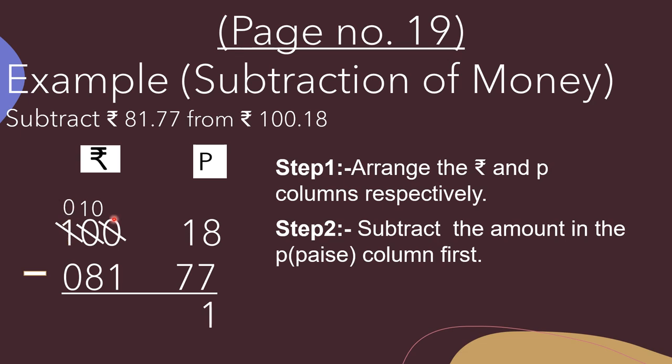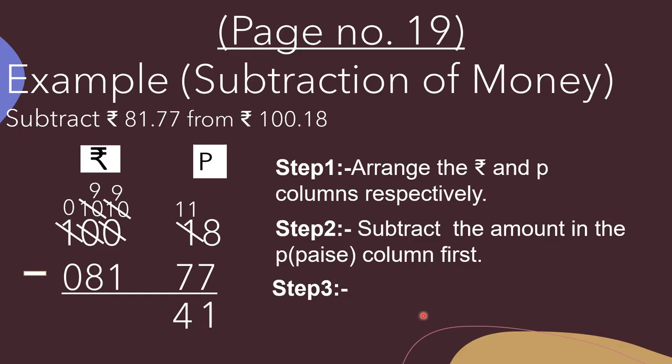Now this 0 will become 10 and this 10 will become 9. Now this 1 will take borrow and it will become 11 and this 10 will become 9 here. Now we have to subtract. So 11 minus 7, that is equal to 4. So now we have solved our paise column.